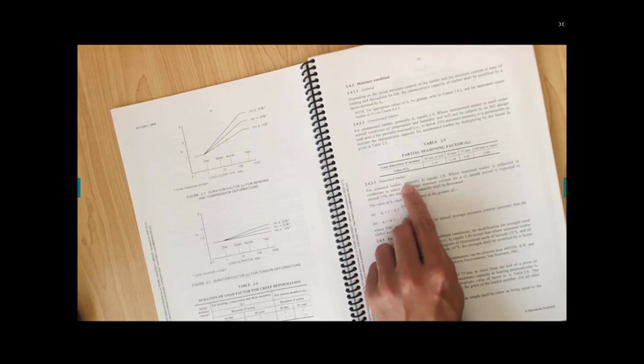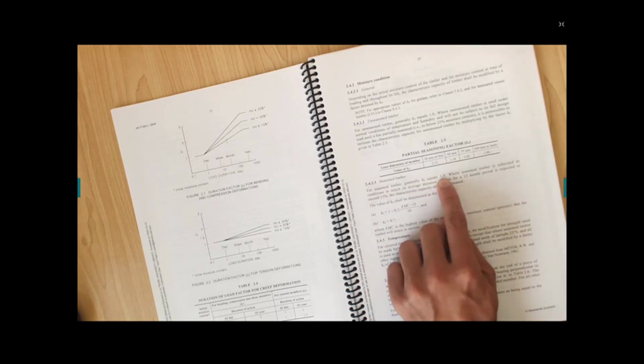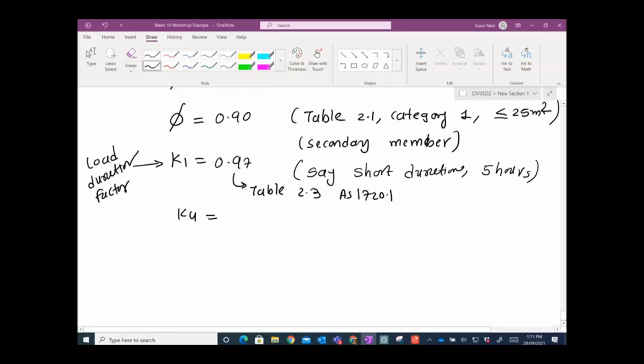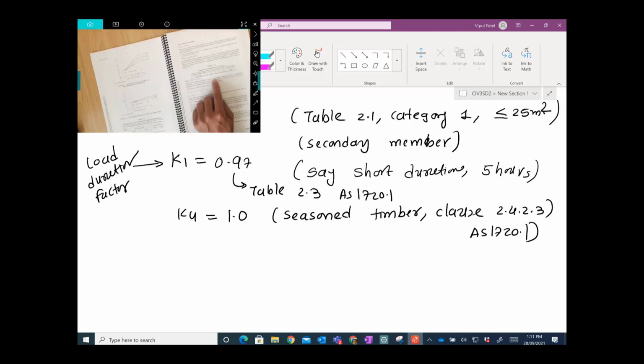So for seasoned timber, K4 is generally equal to 1, and that is in Clause 2.4.2.3 of AS1720.1. And where is that?